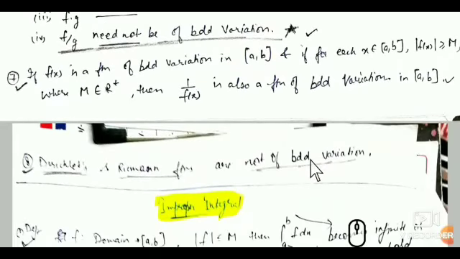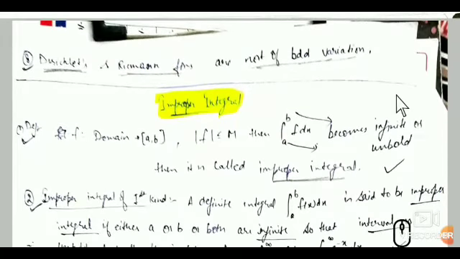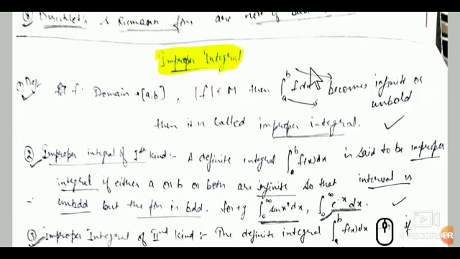So seventh point is, if f(x) is a function of bounded variation in closed interval [a, b], and if for each x belonging to [a, b], mod of f(x) is greater than or equal to m, meaning it is bounded away from zero, then 1/f(x) will be of bounded variation in closed interval [a, b]. Now Dirichlet function and Riemann function are not of bounded variation.